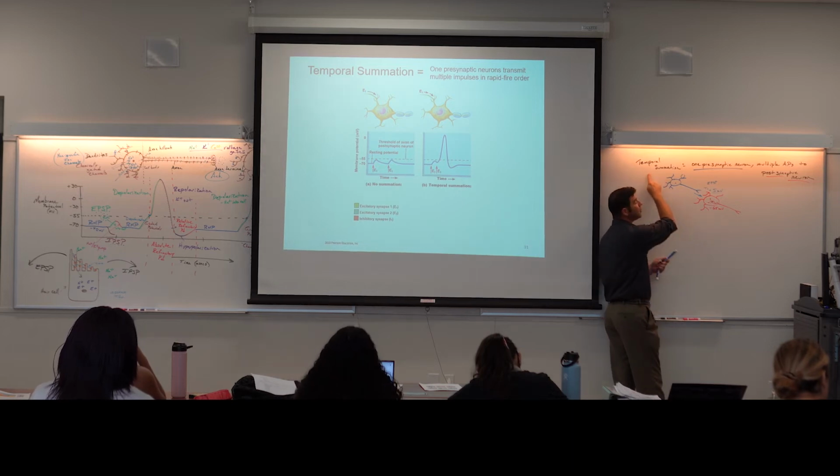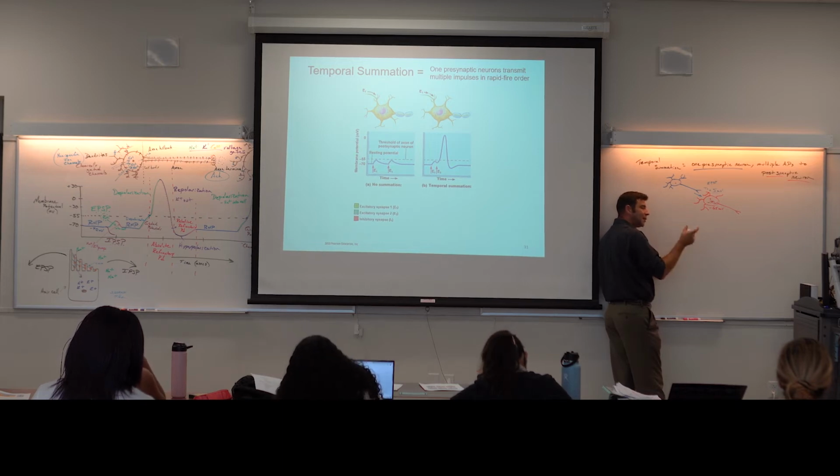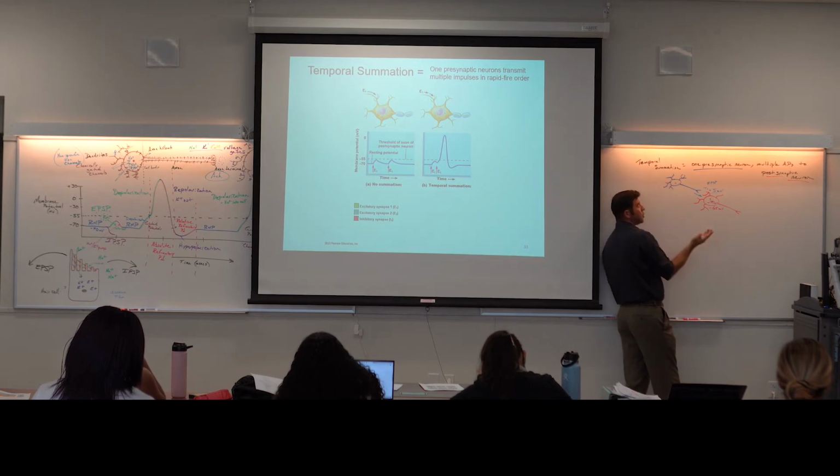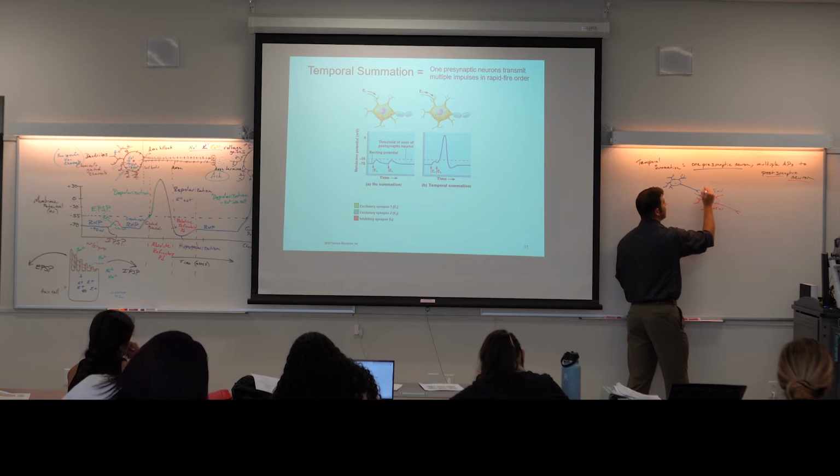But in temporal summation, this is what we consider multiple signals stacked together in a very short time frame. To try and draw this temporal summation, we've got multiple EPSPs. So let me add with this color, I will give myself more space. We'll say time 0, time 1, and time 2.